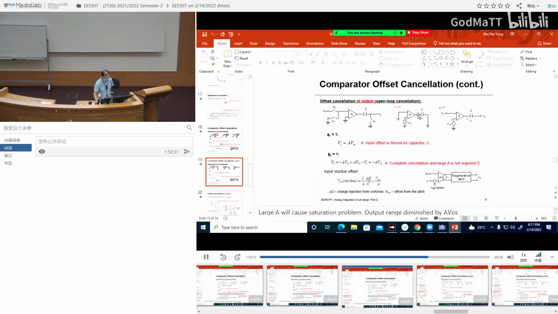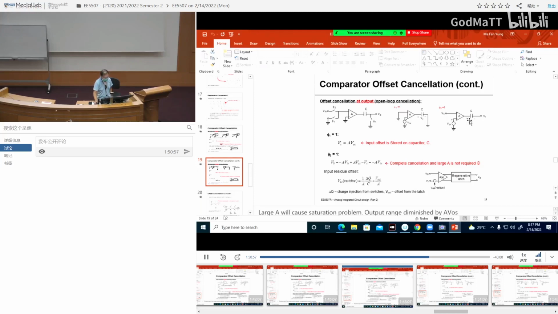So quite obvious, this voltage difference will be VOS times A. So VC is basically A times VOS. So the offset is stored on capacitor C. And then during the actual comparison phase, I just connect back the input. I take the output from here.